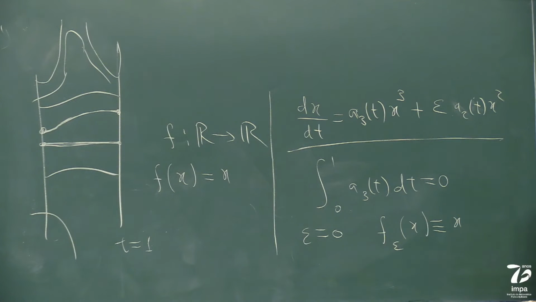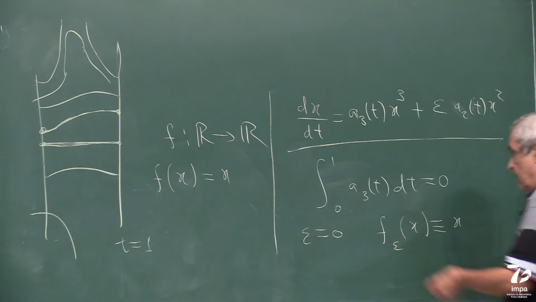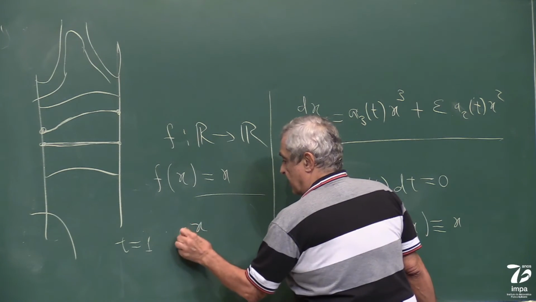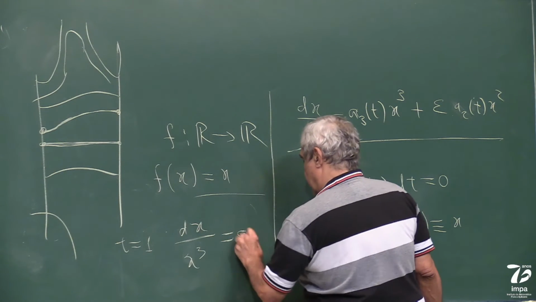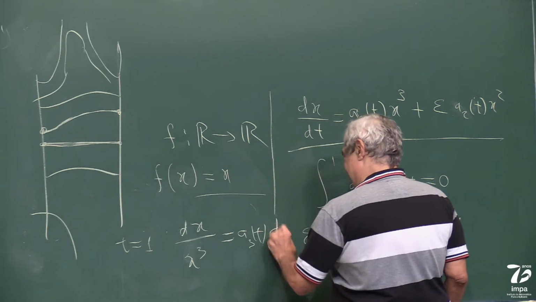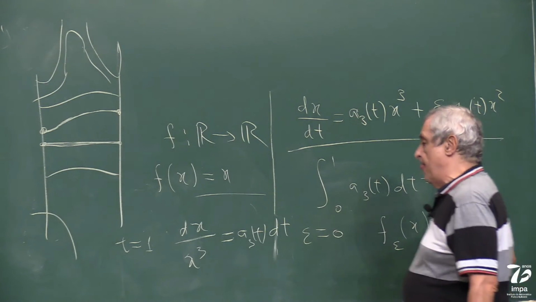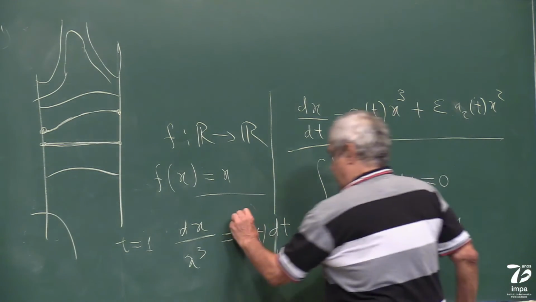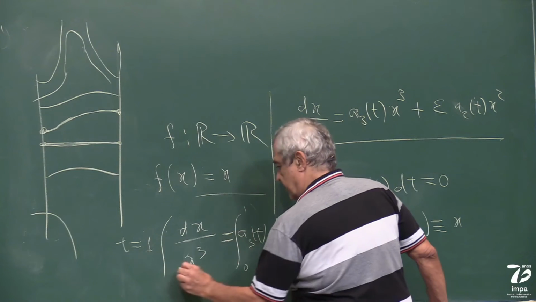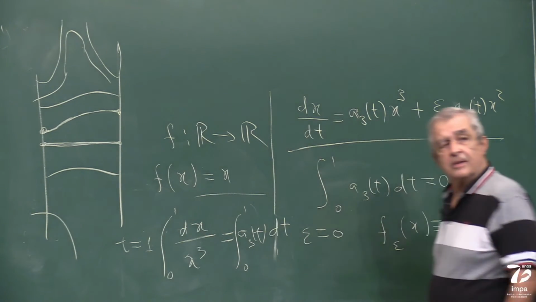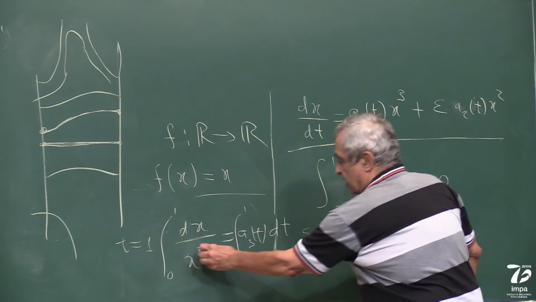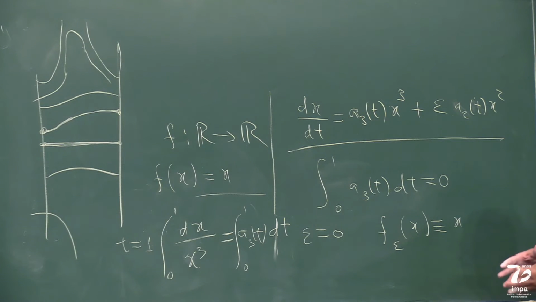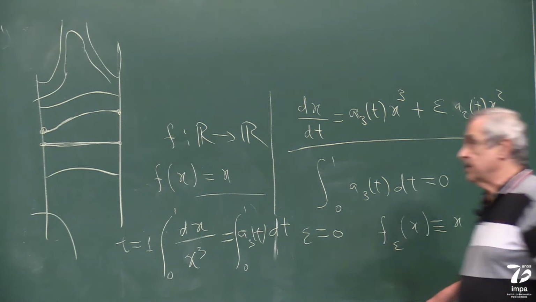The center is easy to see because the equation can be integrated like this. So you see that all the solutions are closed, all the solutions which cut the line.